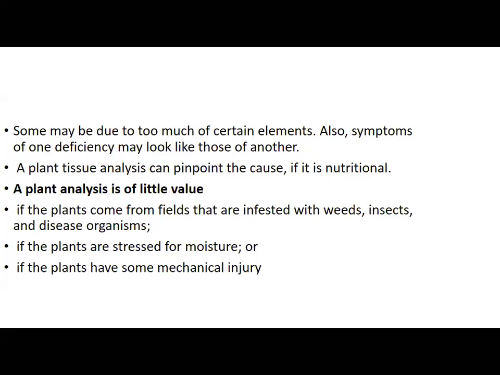So we can easily detect which nutrient has deficiency. If it occurs on older leaves, then it is deficiency of nitrogen. If it is on younger leaves, then there will be deficiency of ferrous or iron.